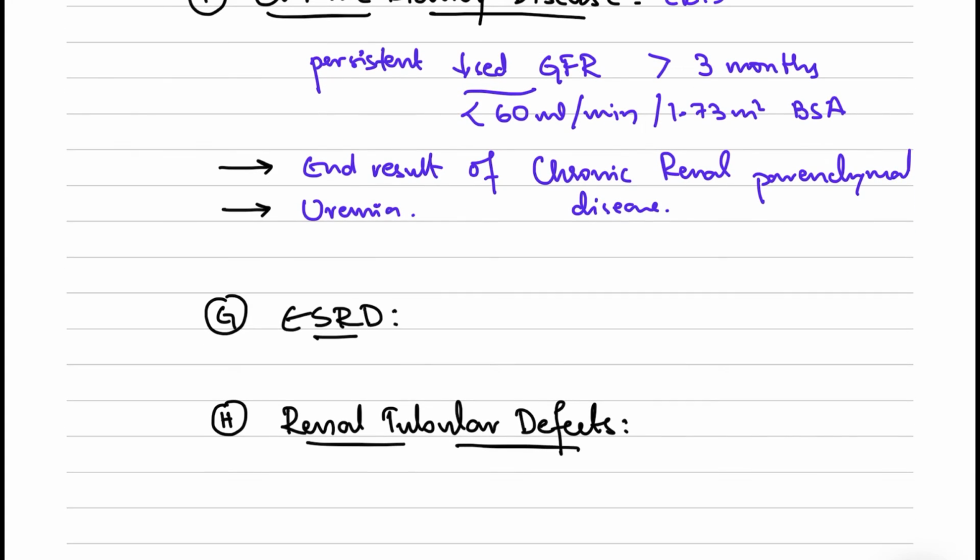Then the clinical presentation of the kidney can also lead to ESRD. What is ESRD? This is end stage renal disease. It happens when the total functioning of the kidney is less than 5% of normal. This results in end stage renal disease, and the patients must be maintained on hemodialysis.